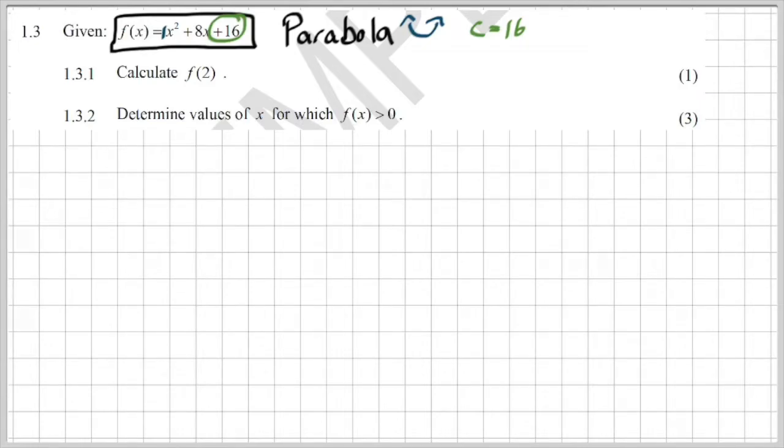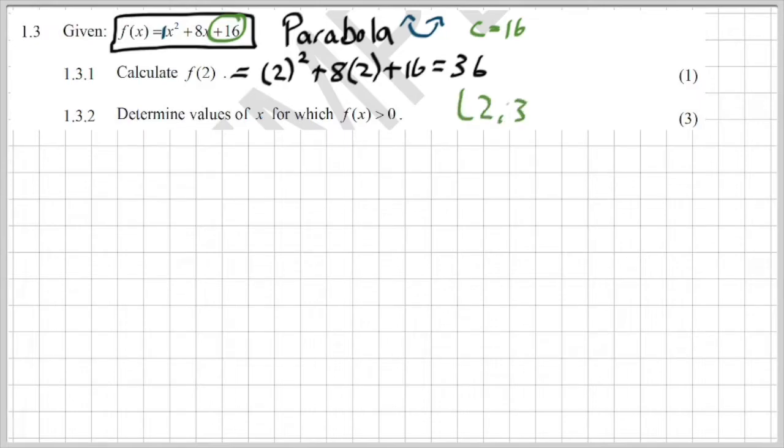Then 1.3.1 is asking me for f of 2. Remember, that means replace x with 2. That's our methodology. What does that 36 mean? It's actually a set of coordinates on the graph. Look where I'm going.